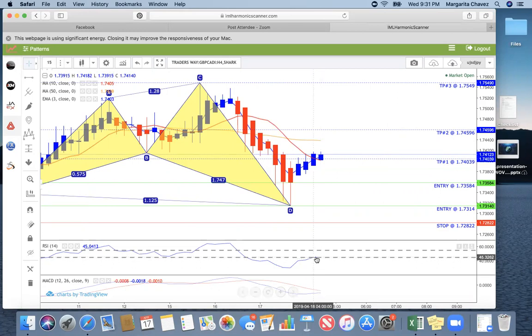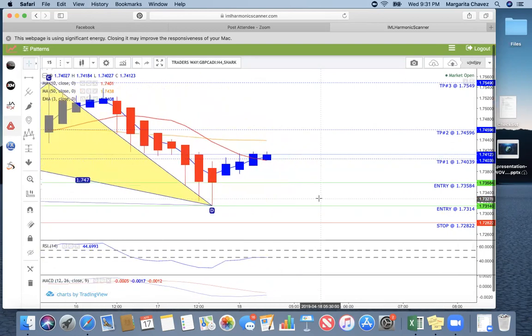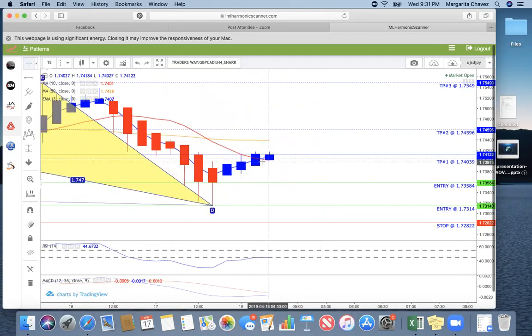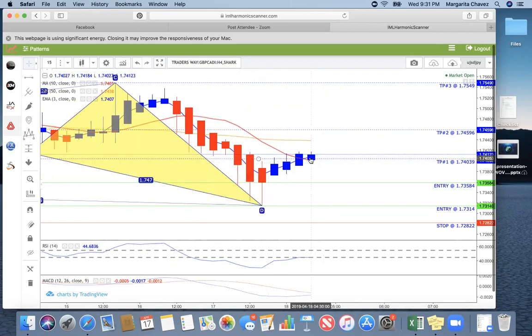Actually, it's really close to the street, and right here these two did not cross. So you would have to kind of wait. This is a doji. It looks like it's going to go up.